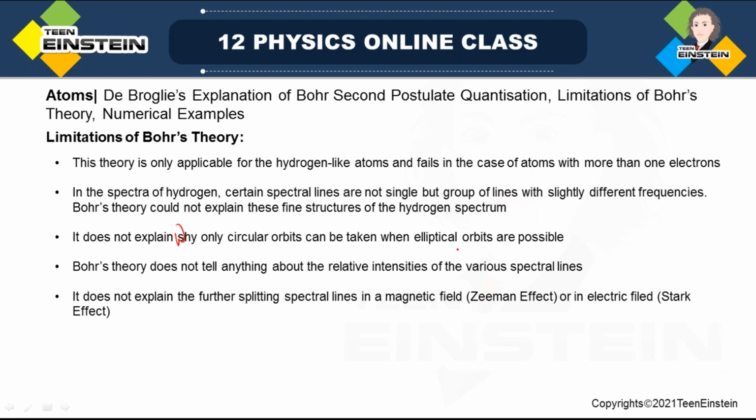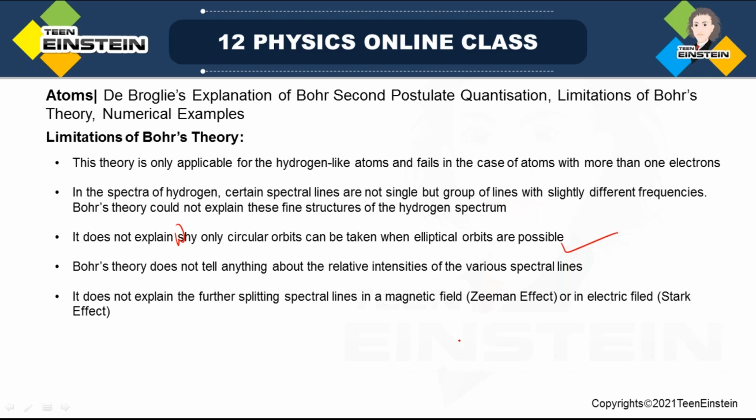Why can only a circular orbit be taken? Why not an elliptic orbit? In planetary motion we have seen there are elliptic orbits, and Bohr's or Rutherford's atomic model is similar to the structure of the planetary system.